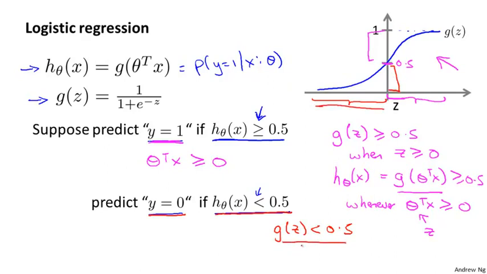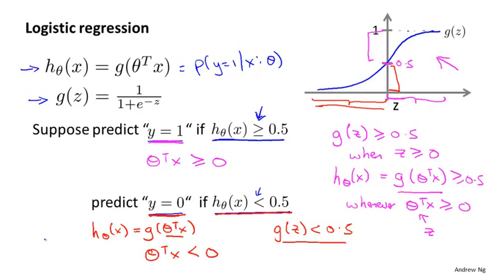So when g of z is less than 0.5, our hypothesis will predict that y is equal to 0. And by a similar argument to what we had earlier, h of x is equal to g of theta transpose x, and so we'll predict y equals 0 whenever this quantity theta transpose x is less than 0.